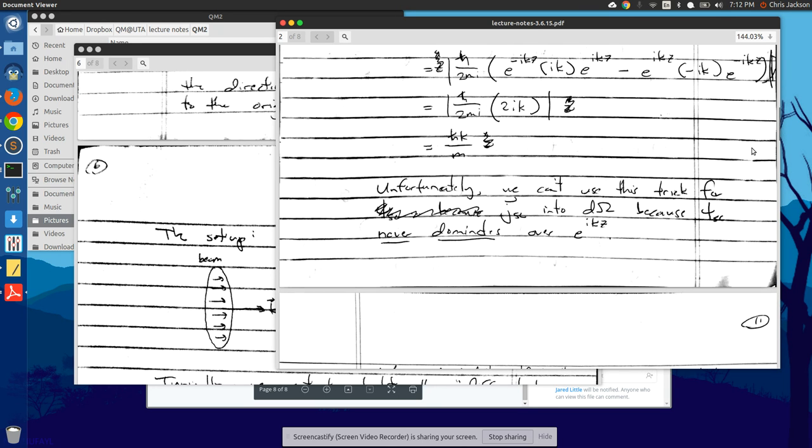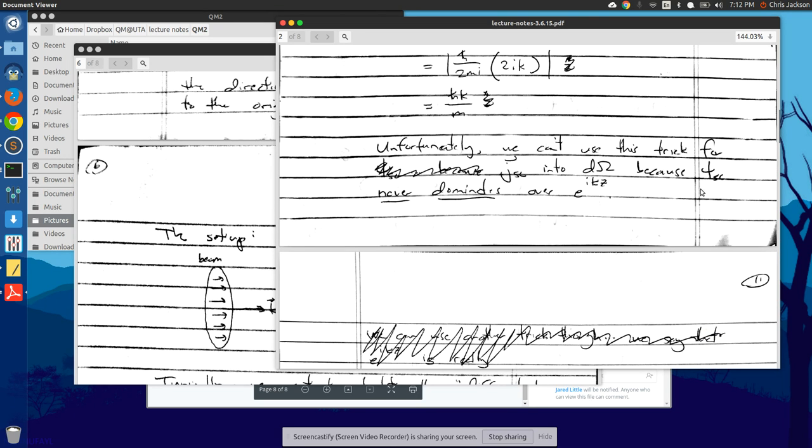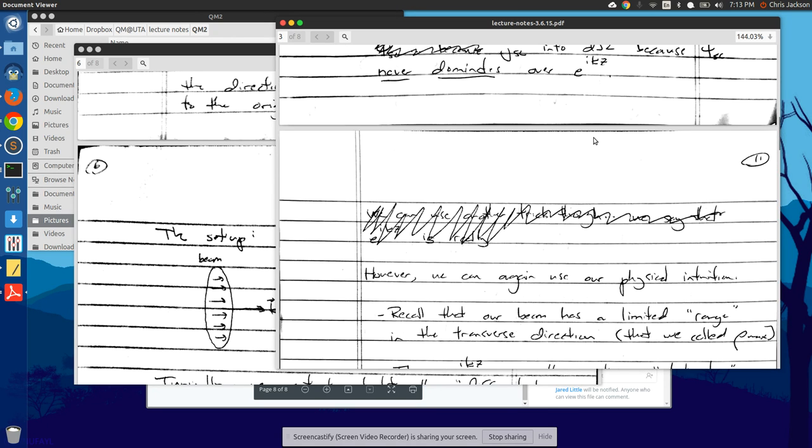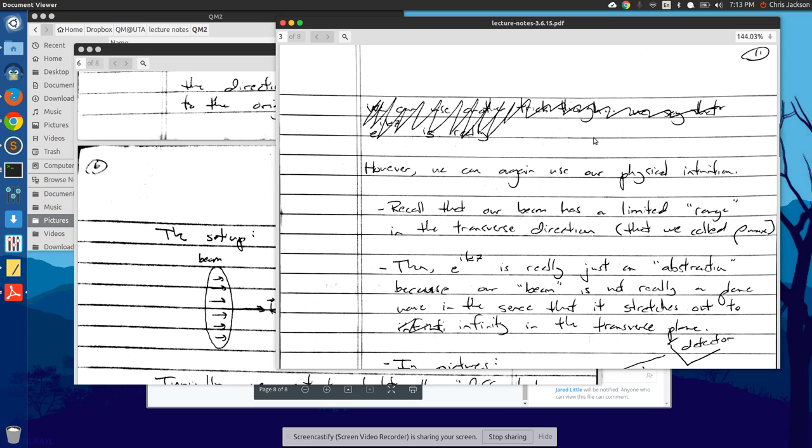The problem with the scattered current is we can't use the same trick, because there's never a situation where the scattered wave dominates over the plane wave. However, there is another trick we can use.